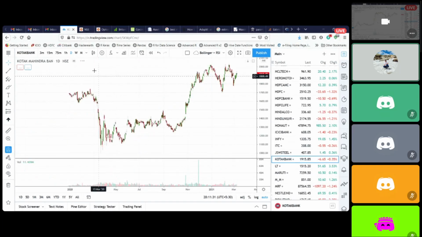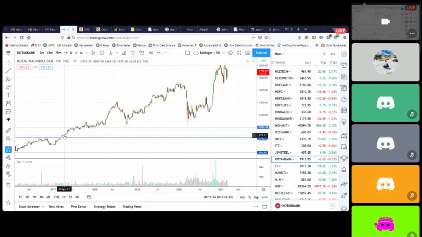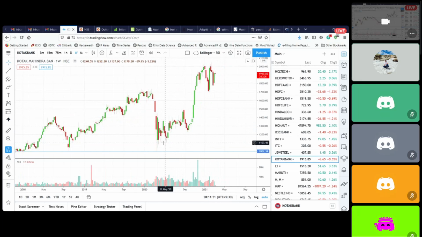Let's see Kotak Bank. There were multiple bottoms here at 970 and bottoms at 1000. Immediately 1000 in 2018. Then it hit a high at 1737. It fell down and started taking support at the 1000 and 1100 region only.